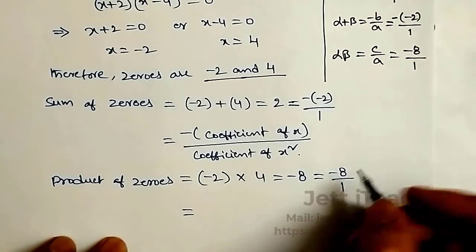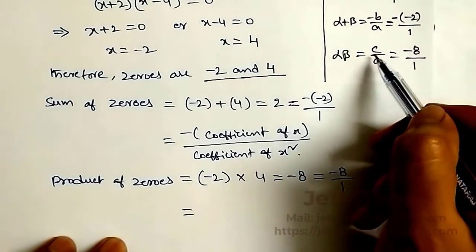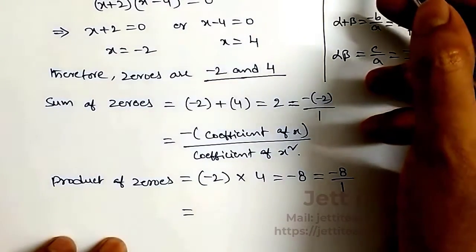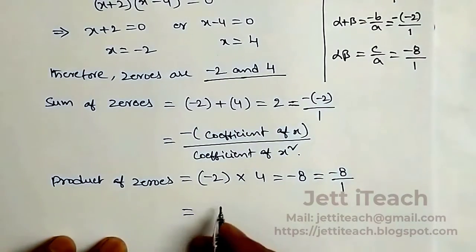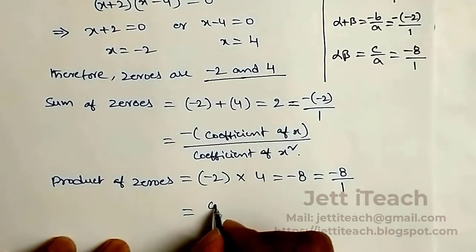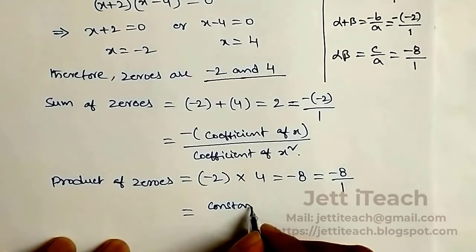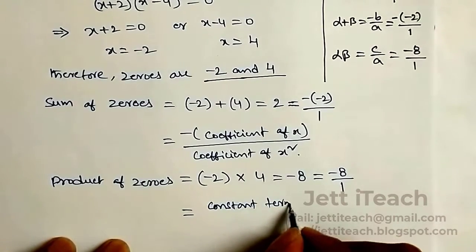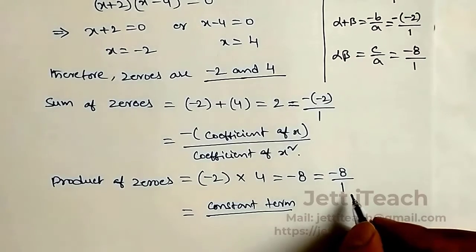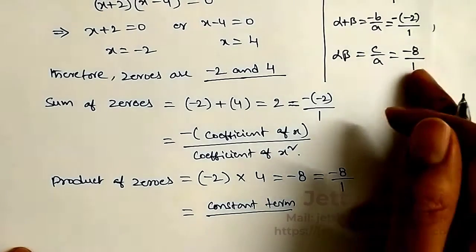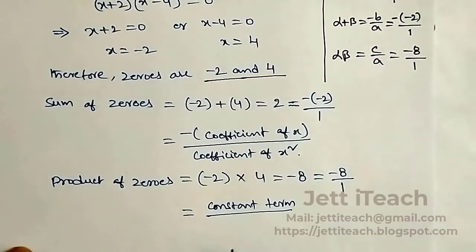Here minus 8 means c, the constant term. And 1 is again a, the coefficient of x square.